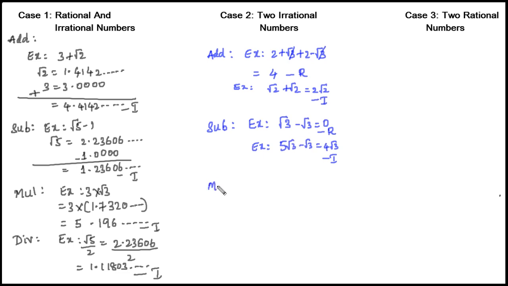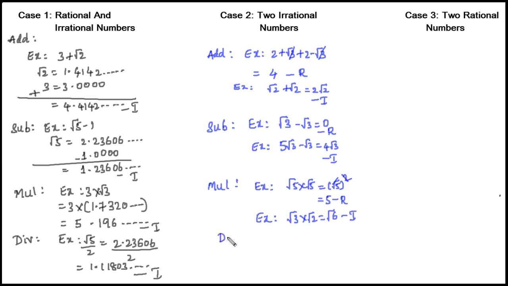Let's check with multiplication. Example, root 5 into root 5, which is nothing but root 5 square. You can cancel square with root, then it is going to be 5, which is a rational number. Let's look into one more example where it is root 3 multiplied with root 2. It results in root 6, which is an irrational number. So the result of multiplication need not be an irrational number. It can be a rational number as well.